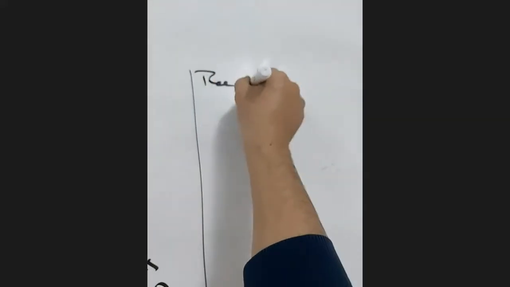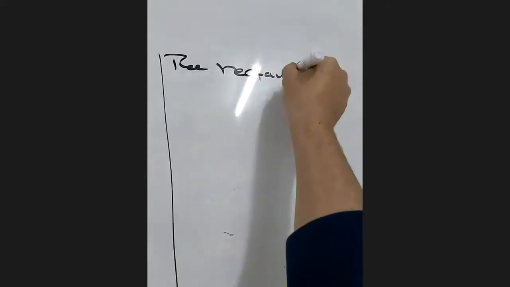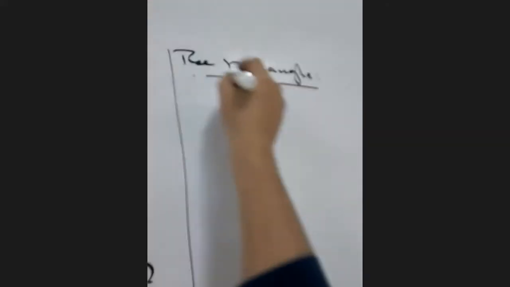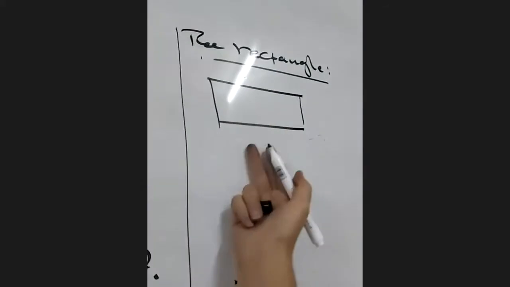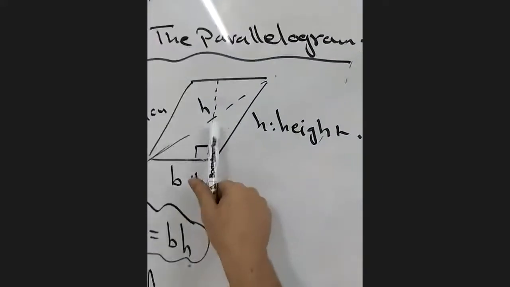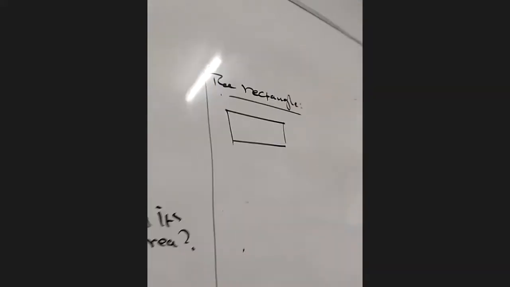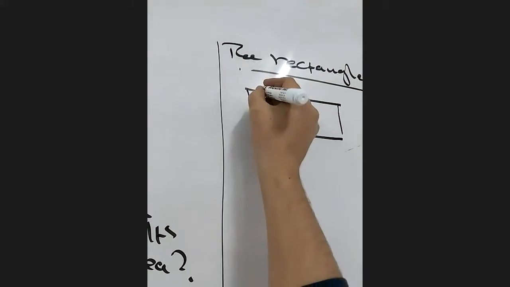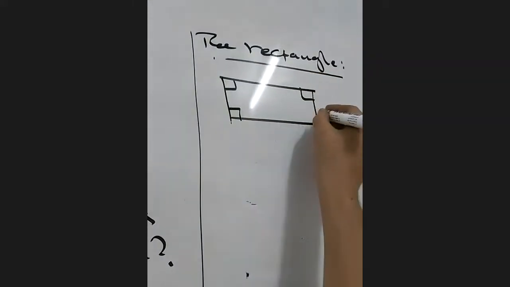We took the rectangle and the square before. The rectangle, guys. We know it. It is a parallelogram, by the way. But what's the difference between the rectangle and the parallelogram? The difference is one thing. In these, all four angles are right angles.